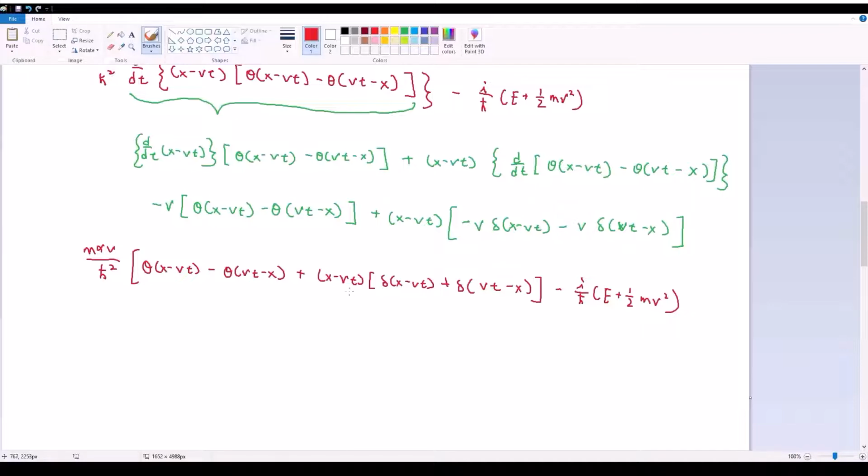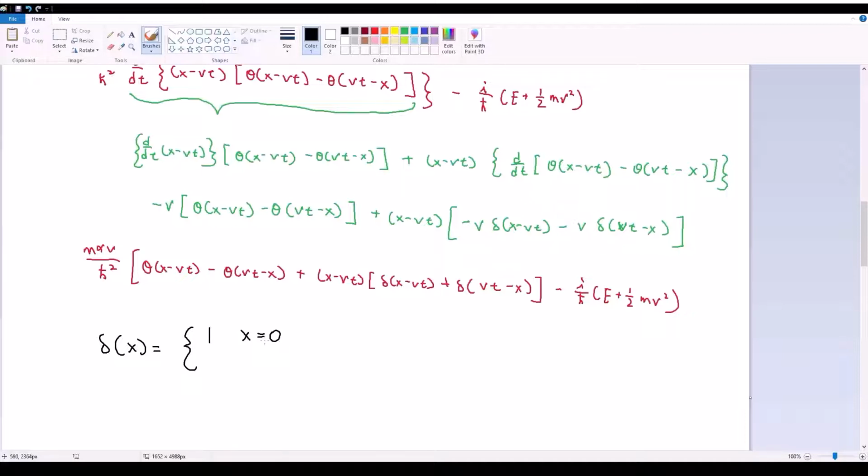However, there is a hidden thing that we can do here, which is I can recognize that the Dirac delta function over here, there's nothing necessarily stopping me from inverting the argument and saying x minus vt instead.